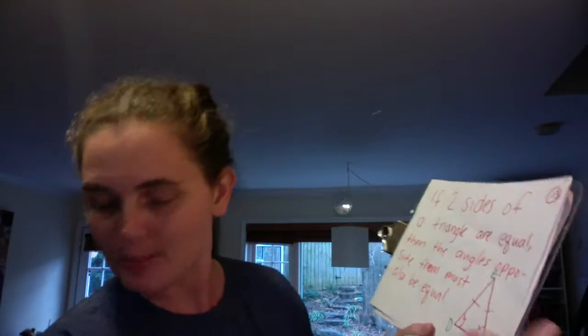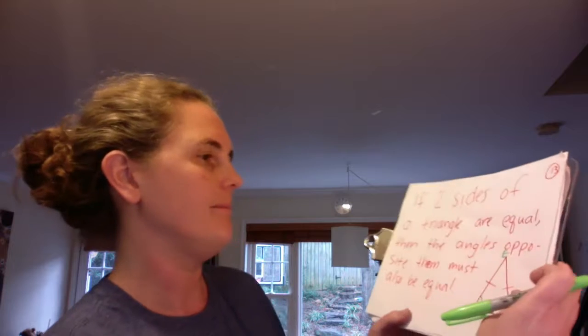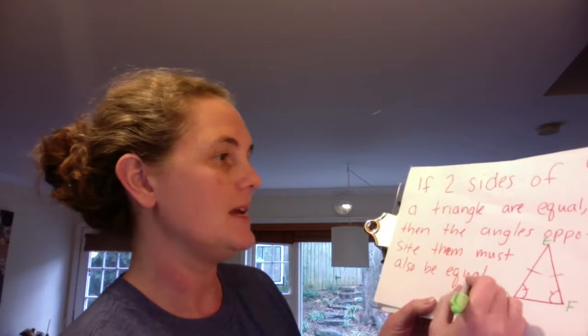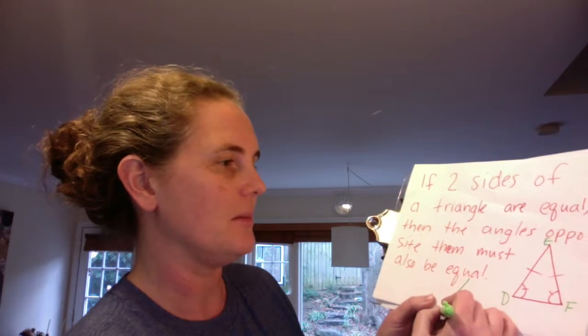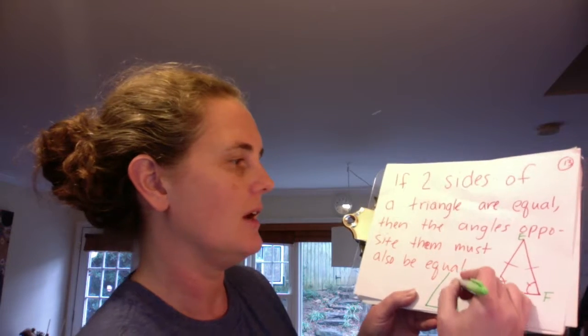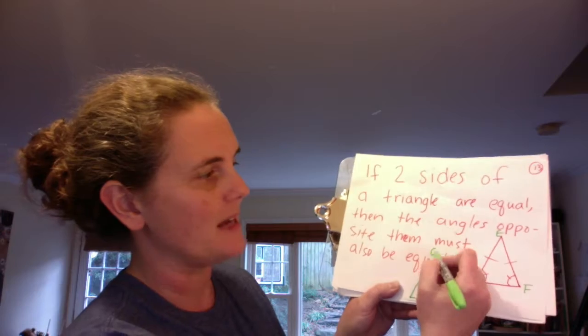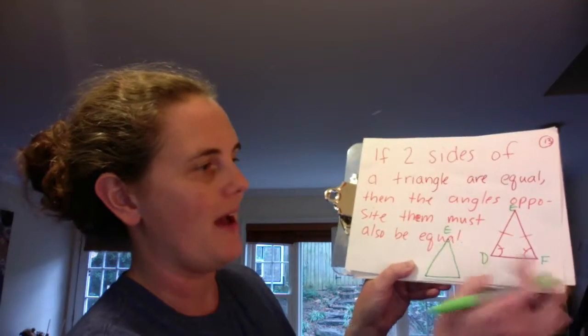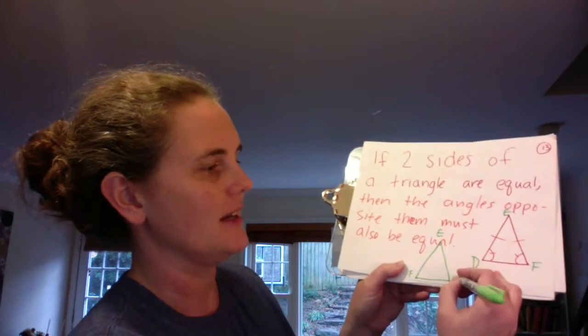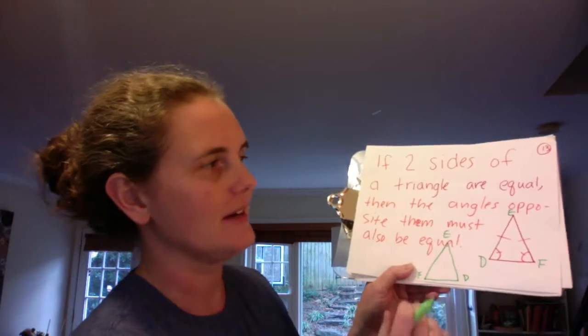Oh, and I don't have enough paper to do it. Well, he basically creates the mirror image of that triangle, except he flips it. So F now goes over here, and D goes over here.